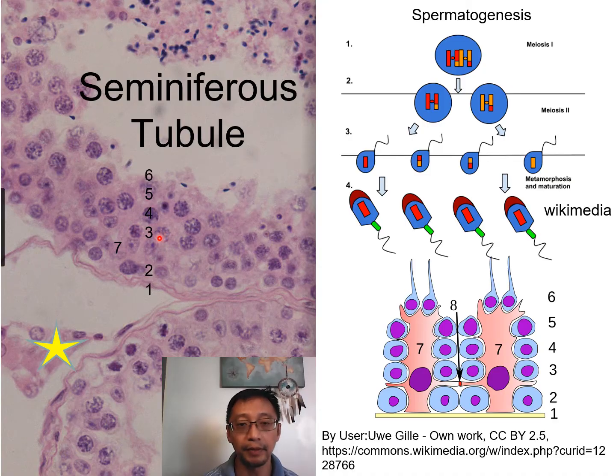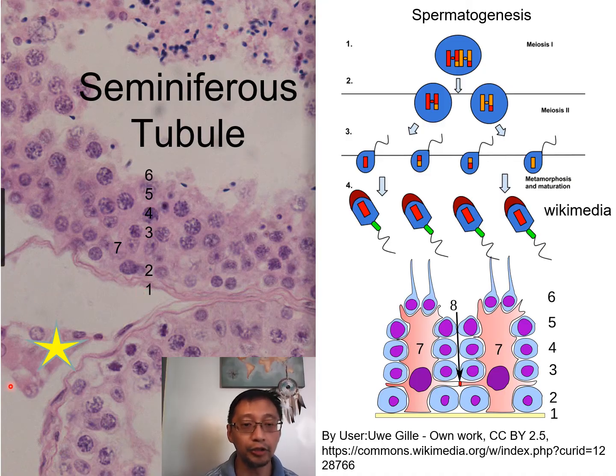The primary spermatocytes will contain a duplicated genetic material, and this duplicated genetic material now may undergo meiotic division further to become your secondary spermatocyte, later on becoming spermatids, and the spermatids now further differentiating into spermatozoa.